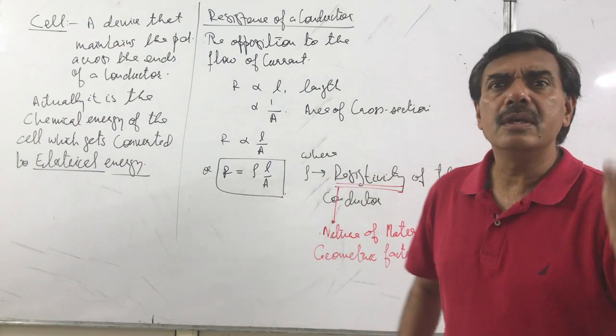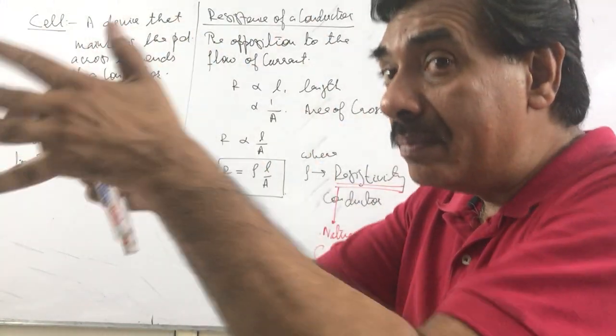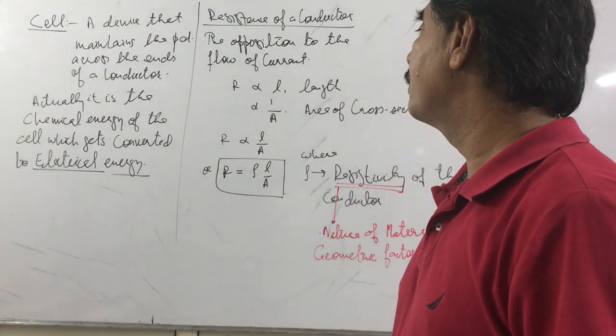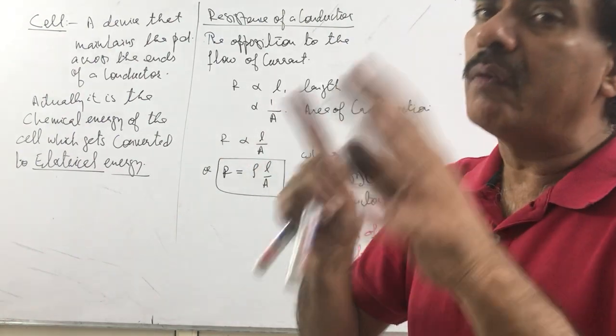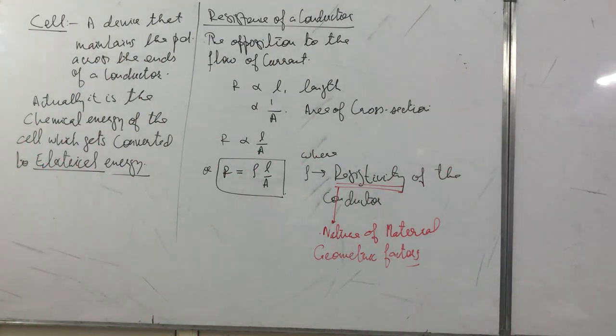Is it like capacitance? Capacity of a conductor depends upon geometric factors and the medium inside. Here, the resistance of the conductor depends upon the nature of material of which the conductor is made and depends on geometric factors, that is its length and cross-sectional area.